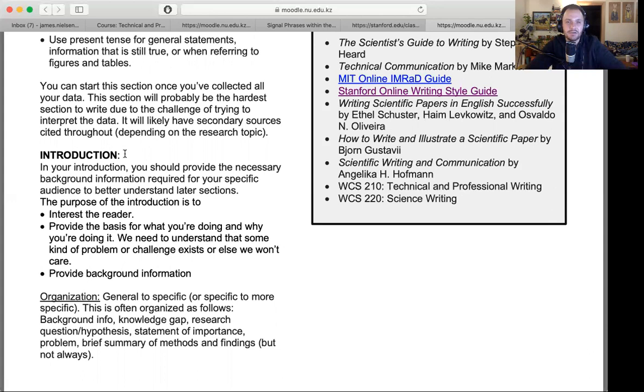But here in the introduction, generally speaking, we want to interest the reader in some way and provide a basis, a background, a foundation of what it is we're going to be doing in this report, in this research, depending on what you're doing exactly. For us, we need to know, and this is very important, that a problem actually exists. If there is no problem, then there isn't really a purpose to creating a recommendation report to find a solution.